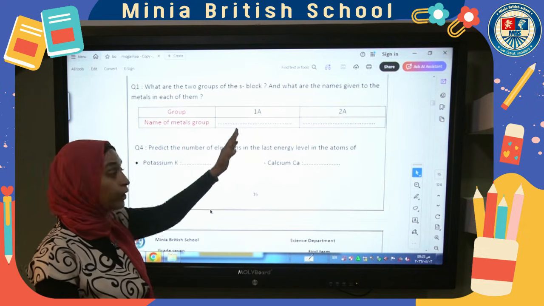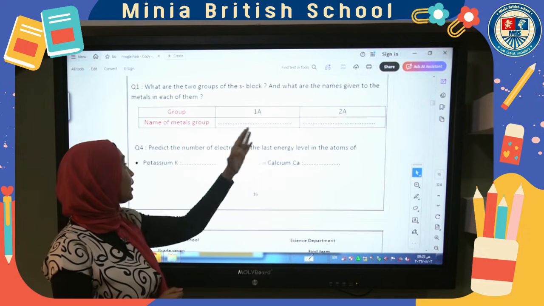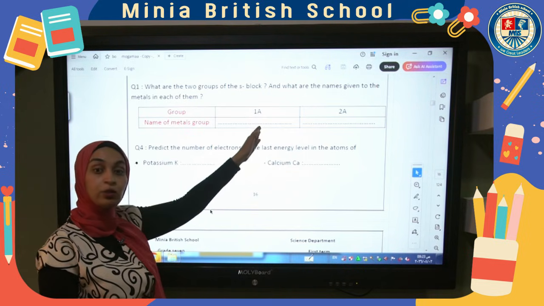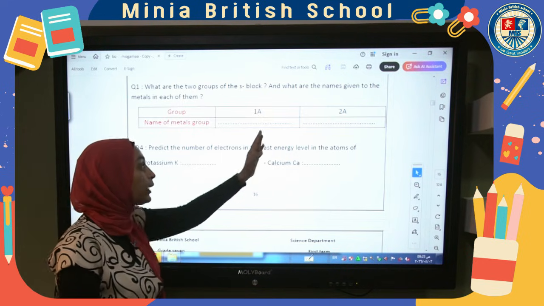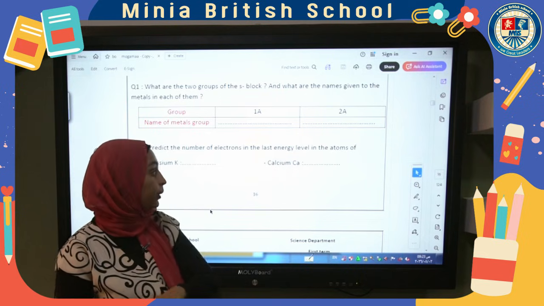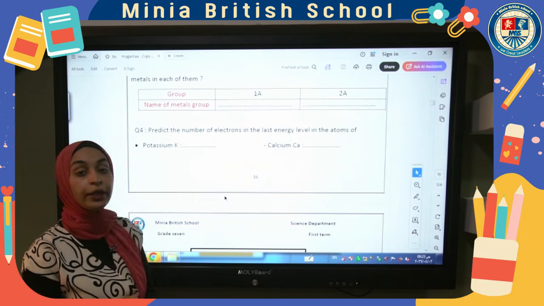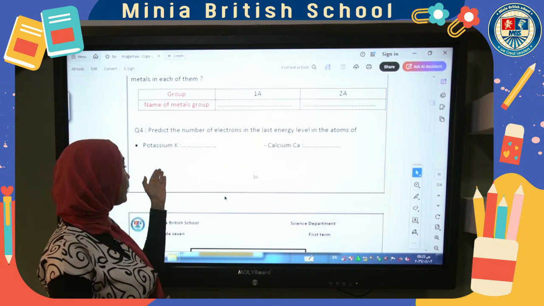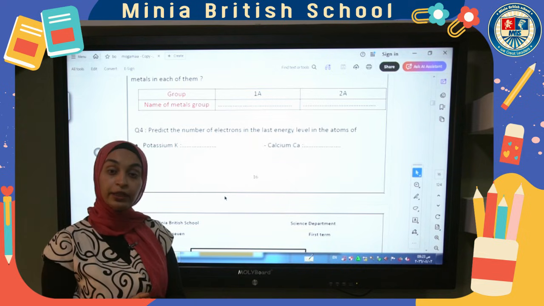The second question here: compare between 1A and 2A according to the name of the group. We said 1A is called alkali metals, while 2A is called alkaline earth metals. Okay, what about the number of electrons located in the outermost energy level? Potassium is located in 1A, in the S block.